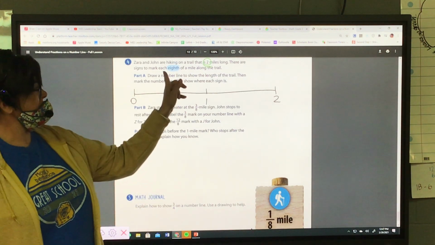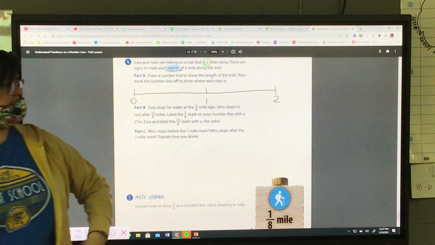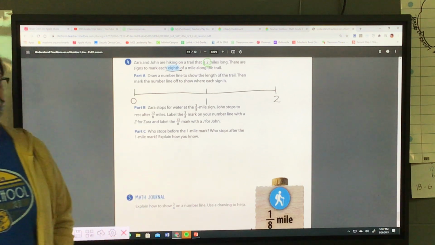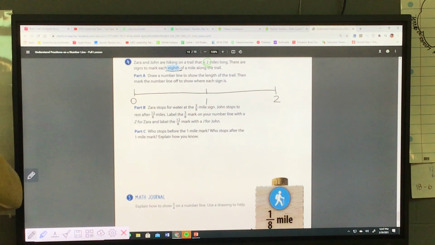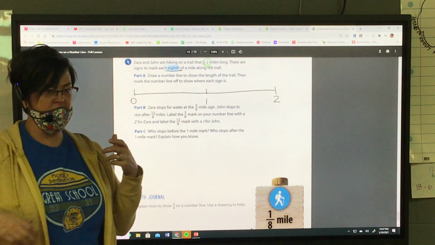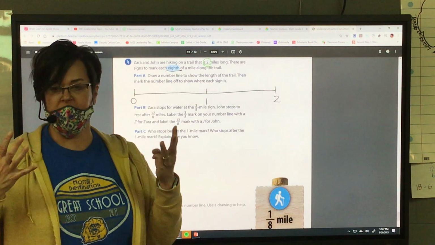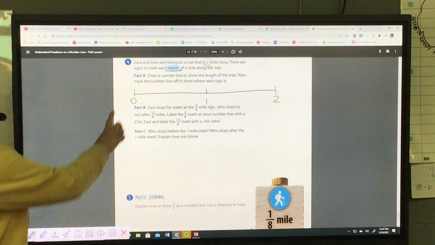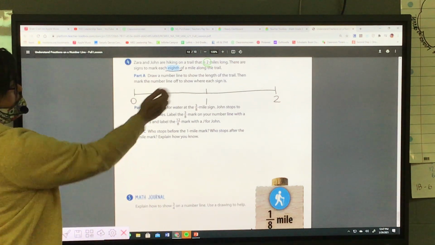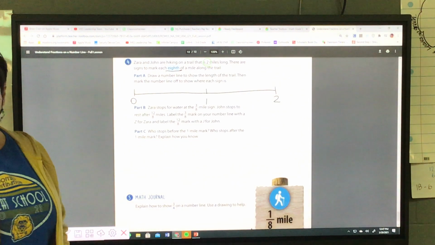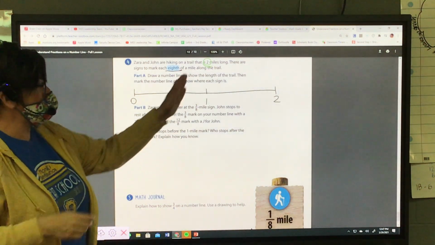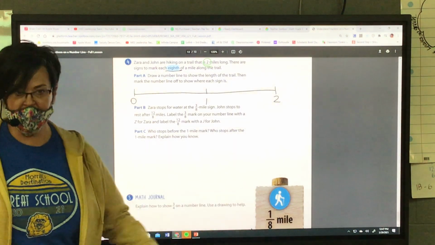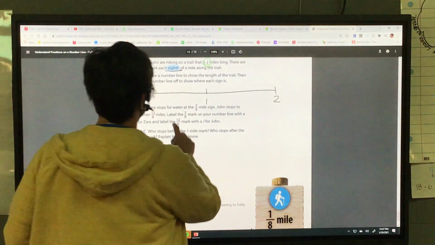It's 8ths because right there it told us. Every 1/8 of a mile, there's a sign. All right. So 8ths means what number? 8. So how many equal parts are there between 0 and 1? 8. Then also, how many equal parts between 1 and 2? 8 more. So let's do that.